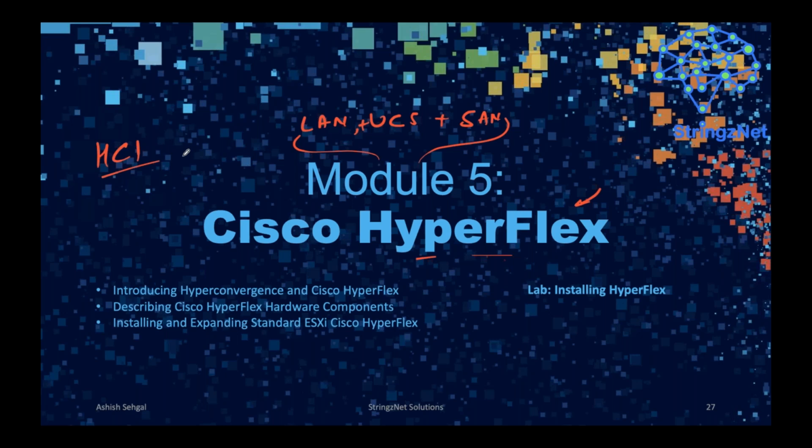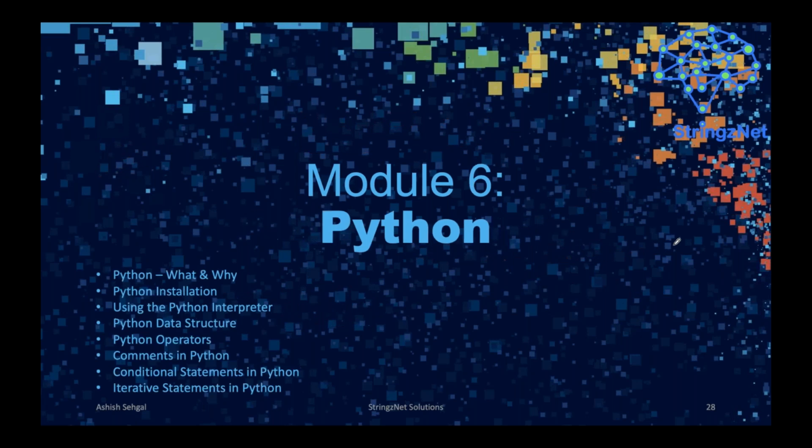We will be understanding the installation: how do we install the complete topology? This topic is the final topic in our data center, where of course we need to understand the connectivity with the ACI fabric, VPC, ACI, UCS, SAN, and then comes the Hyperflex. So that's the reason it is module 5.